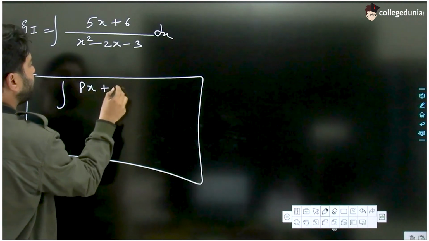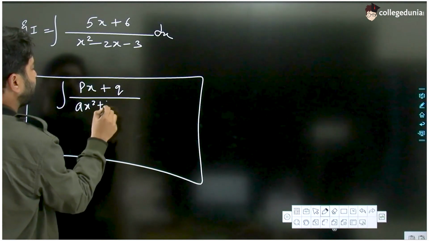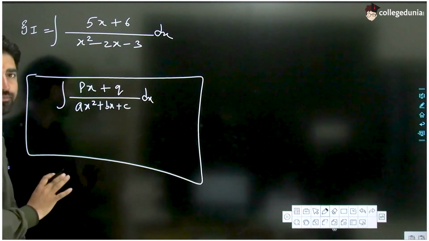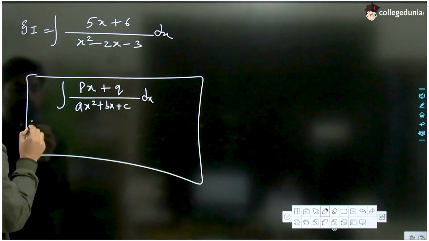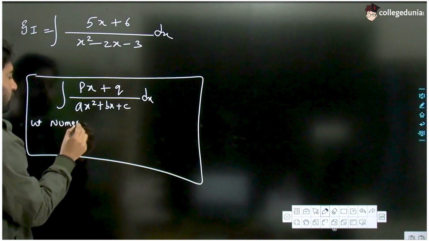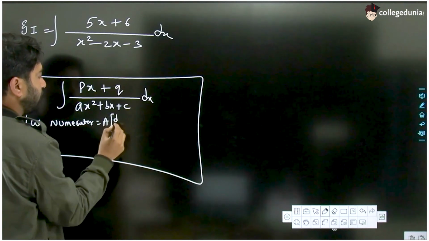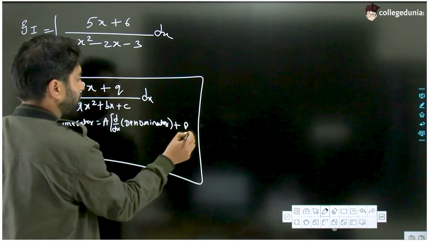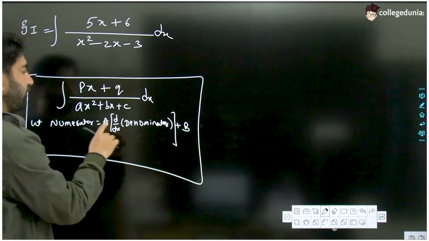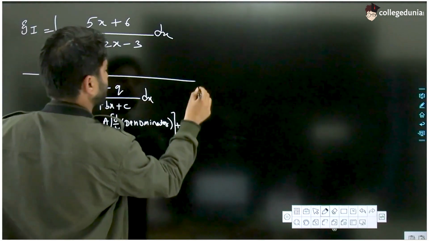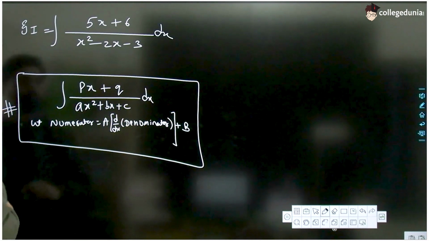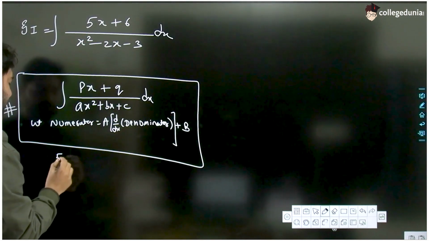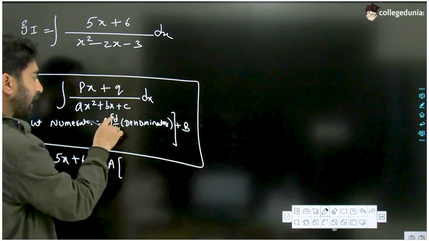Whenever we have to integrate px plus q, and in denominator we will have ax square plus bx plus c, ऐसी फॉर्म जब भी हमारे पास आएगी, ओके. सो गाइज आप लोगों ने क्या करना है, आप लोगों ने लेट करना है न्यूमरेटर इक्वल टू a इंटू डेरिवेटिव ऑफ डिनोमिनेटर प्लस b. आप देख सकते हैं ये भी इसी फॉर्म में है, ओके. सो द न्यूमरेटर इज 5x plus 6 which will be expressed in the form of a derivative of denominator.